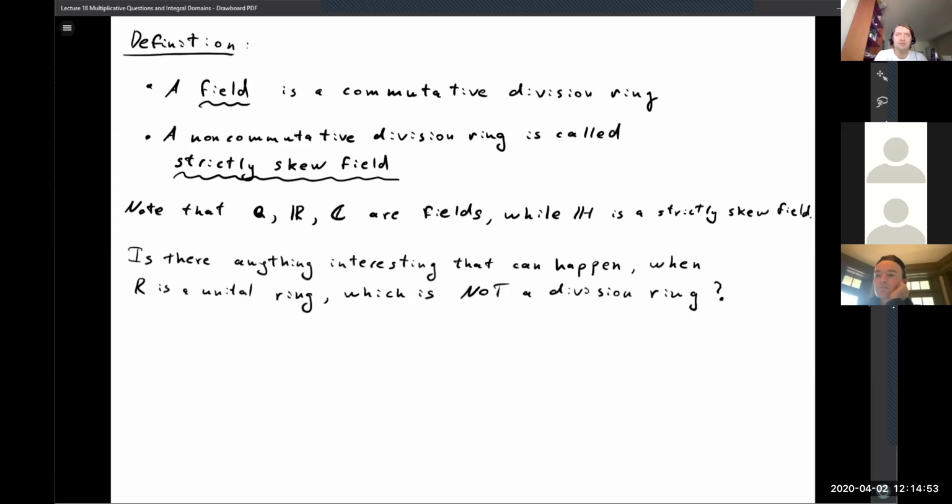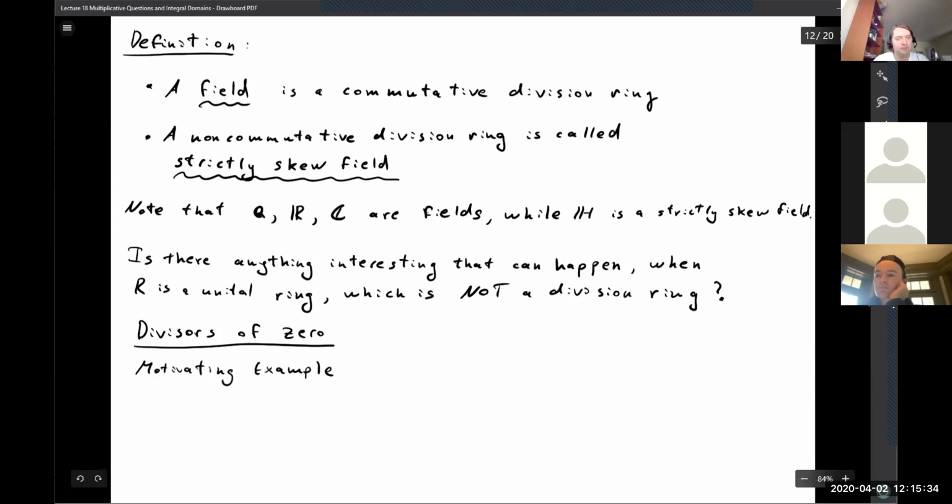The first surprising thing that can happen here is the phenomenon of zero divisors. So let me start by looking at a motivating example.